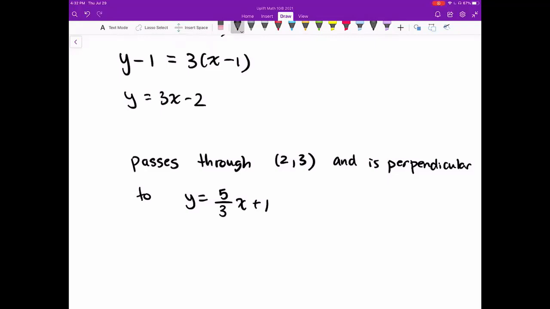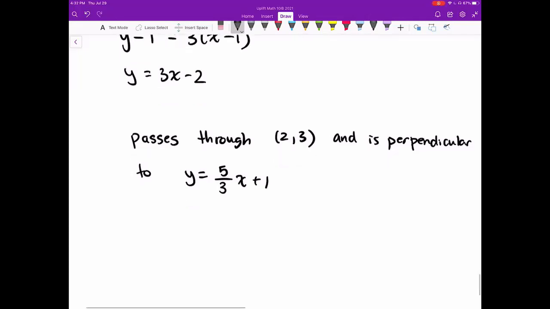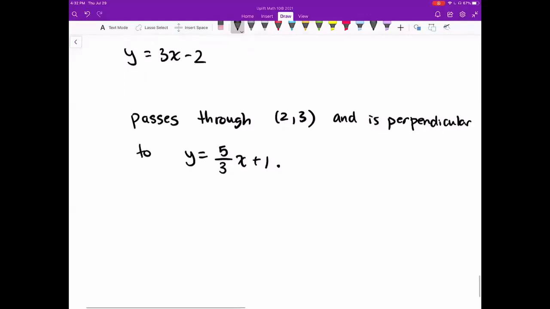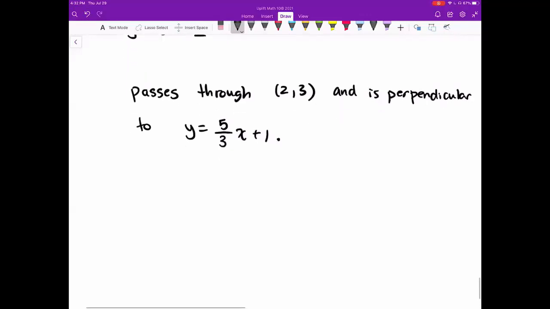Negative 3 over 5x plus 1. Negative 3 over 5x plus 21 over 5. Okay, so we got two different answers here. We'll just work through it together. Since it is perpendicular to y equals 5 over 3x plus 1, we know that m is the negative inverse of 5 over 3, so it's negative 3 over 5.